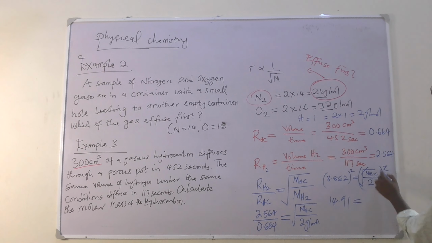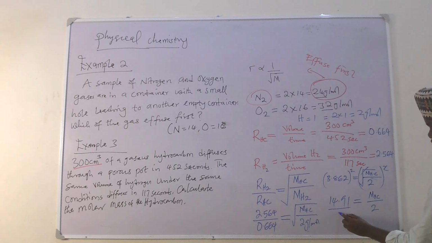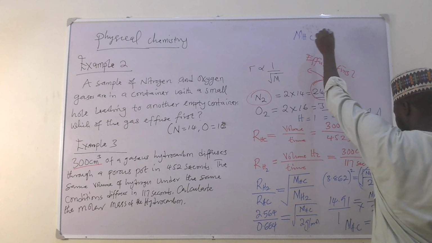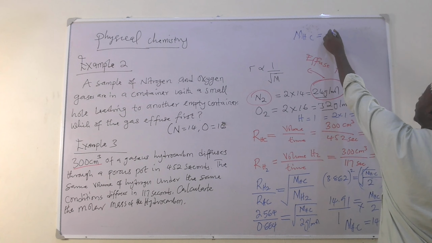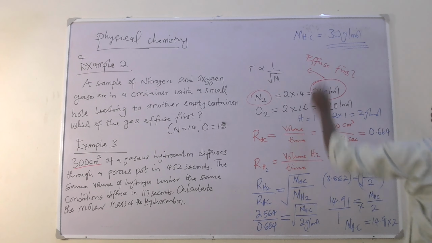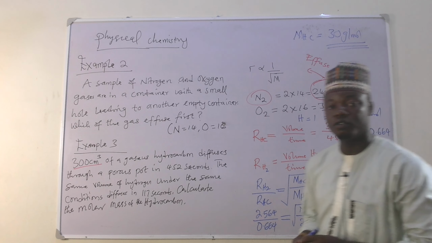So now we have the molecular mass of hydrocarbon over 2 equal to 14.91. We are going to cross multiply, so this one times this and this one times this. We have the molecular mass as 14.91 times 2. If you approximate, it's going to be 30 gram per mole. So this is the answer for this question.